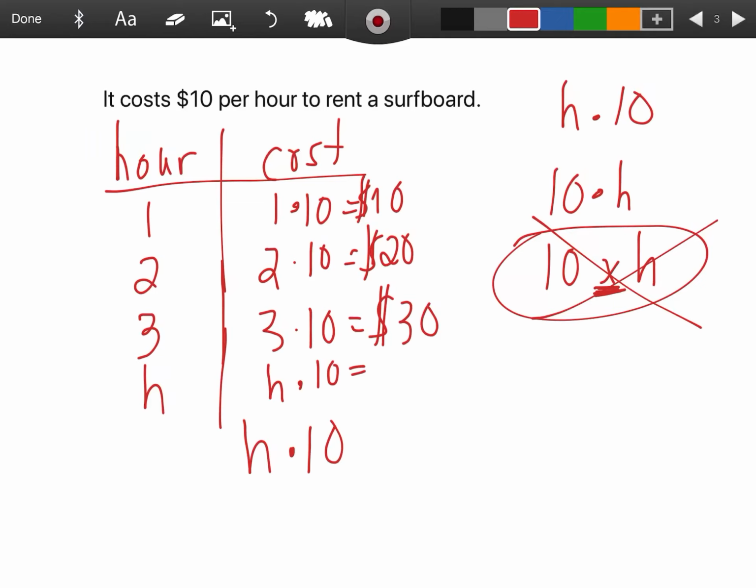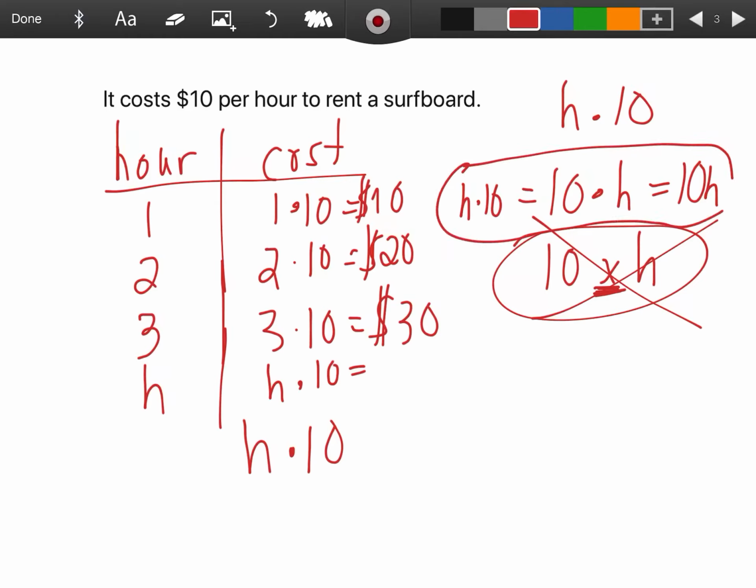So we either write it using a dot, or we can just write it right next to each other. We could say 10h, because that's a variable, we can do that. 10h is the same as 10 times h. So h times 10, 10 times h, 10h, those are all equivalent variable expressions.